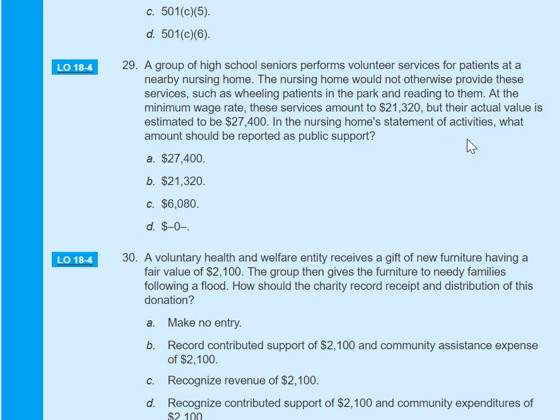This nursing home would not otherwise provide these services, such as wheeling patients in the park and reading to them. At the minimum wage rate, this service is equivalent to $21,320, but the actual estimated value is $27,400. In the nursing home statement of activities, what amount should be reported as public support?